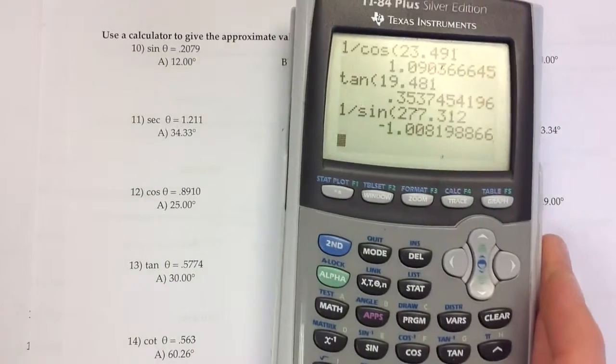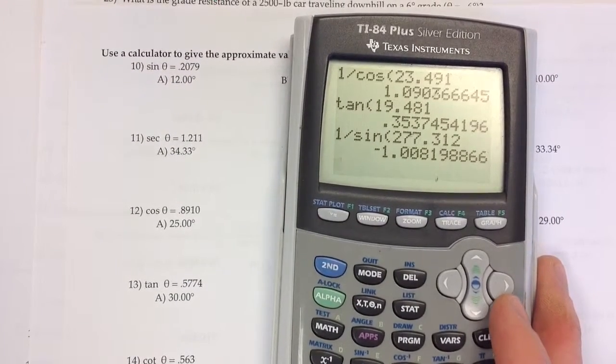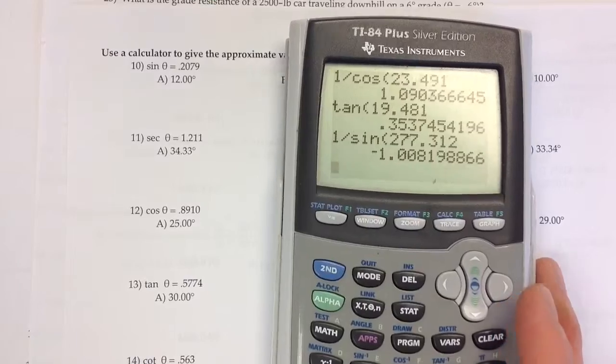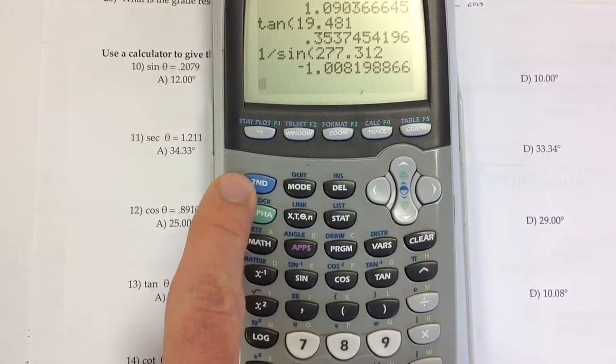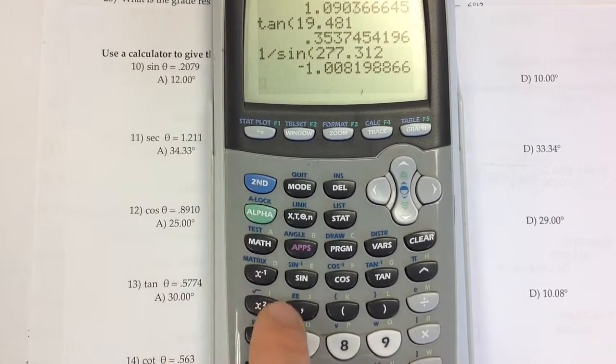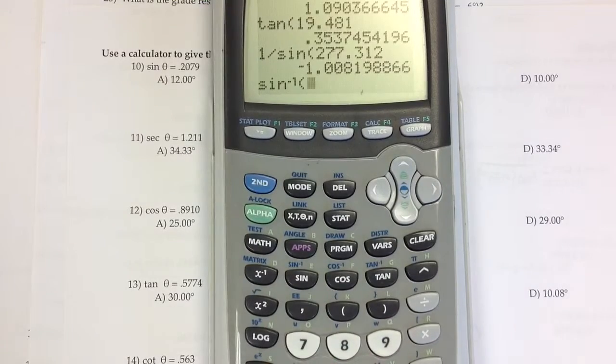Okay, so for number 10, to find the angle for which opposite to hypotenuse is 0.2079, we can use inverse sine. So you have to press the second key, since the letters are in blue above the key. You have to use second to access that, S-I-N. And then you just type in 0.2079.